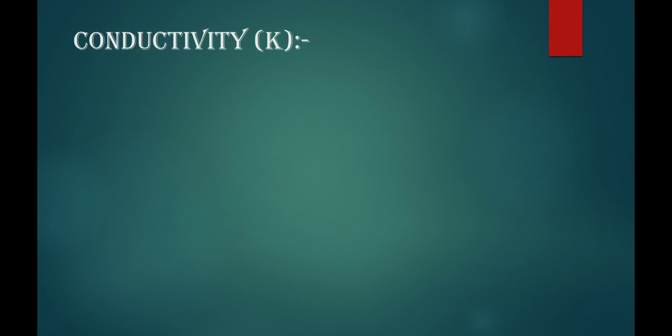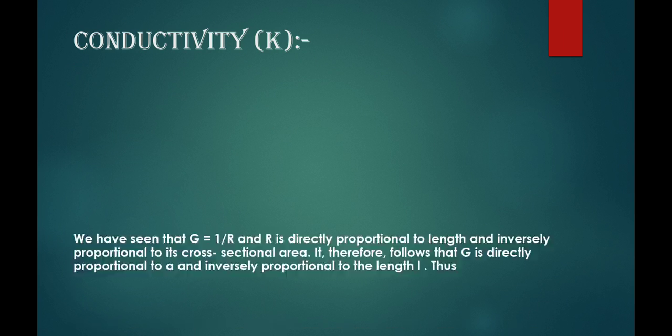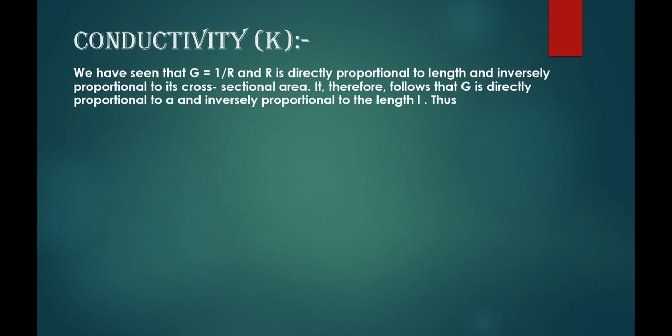Now, conductivity K. We have seen that electrical conductance G is equal to 1 by R, and R is directly proportional to length and inversely proportional to cross-sectional area.